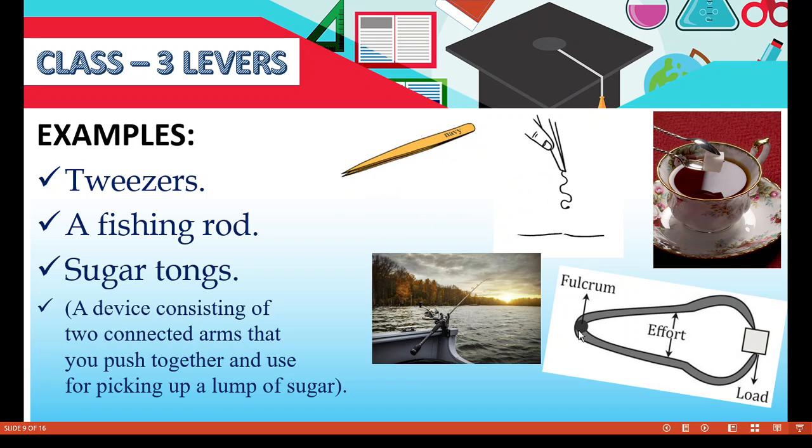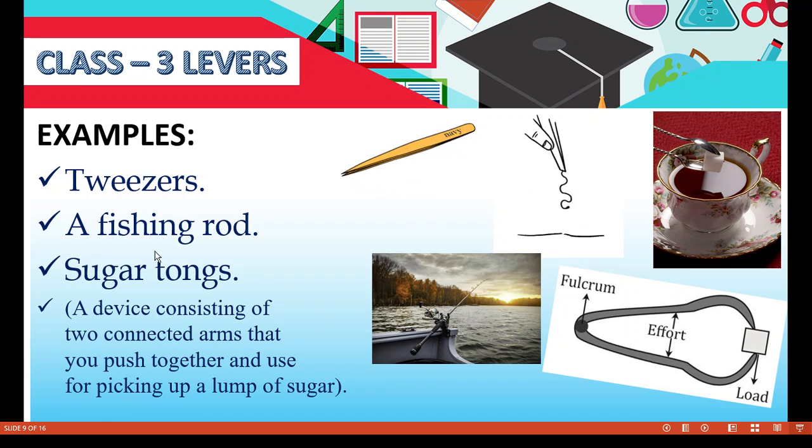Here is the fixed point, the fulcrum, and the load is nothing but the lump of sugar. The effort, that is the external force, should be applied at the center. So therefore these sugar tongs can be considered as class 3 levers. Why? Because the effort is applied between the fulcrum and the load.